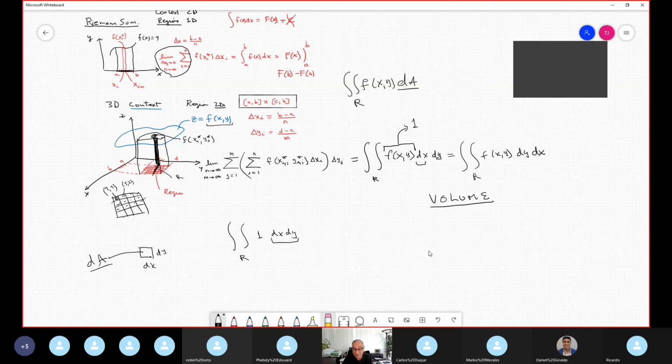And in some problems it is very useful to select the proper order of integration because sometimes, for example, you integrate with respect to x first, and it doesn't work because maybe this function has no antiderivative. There are many examples in calculus where for one function the antiderivative does not exist.